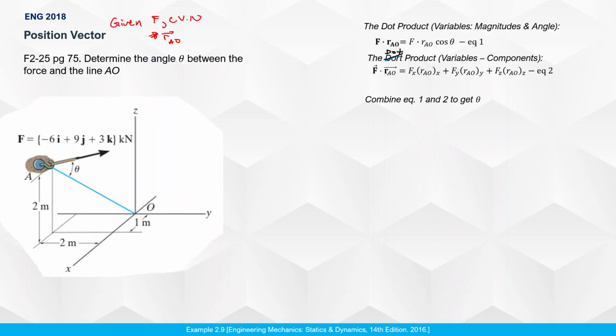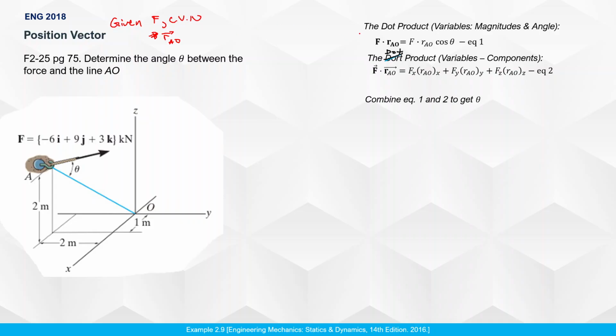Okay, so what do we do first? We know na the dot product, just to recall lang, the dot product of two force vectors is equal to the product of their magnitudes and cosine theta. Alam natin yun. And then yung variable components niya, the other equation natin, is also equal to the sum of the products of its x, y, z components respectively.